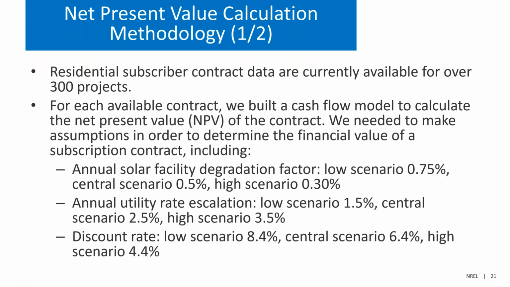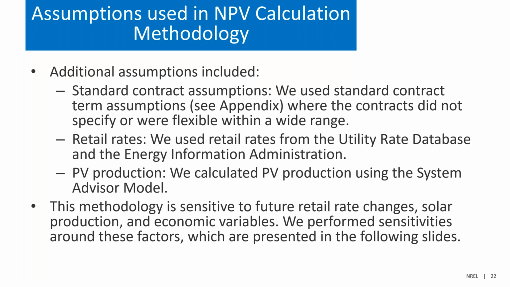We looked at a number of sensitivities. So in the next couple of slides, you'll see some ranges that represent taking into account these sensitivities. We also had to make a number of standard assumptions to look at contracts. One of both the findings and challenges of this project has been there's a lot of innovation and differences in subscription contracts.